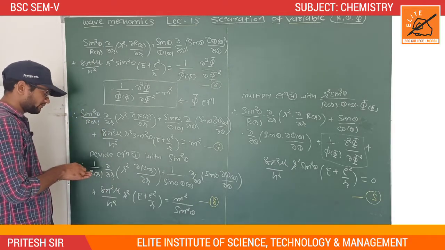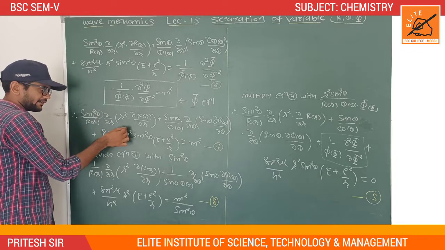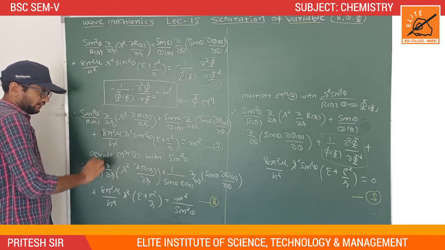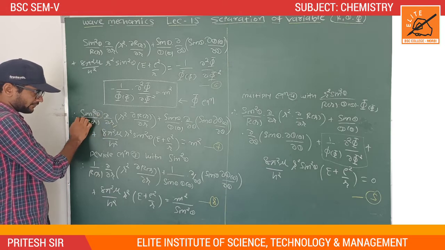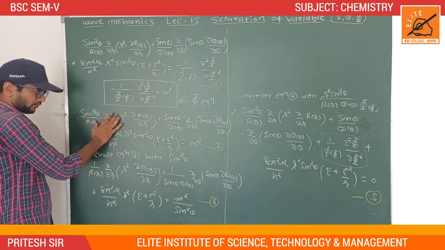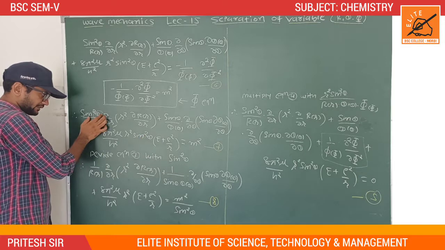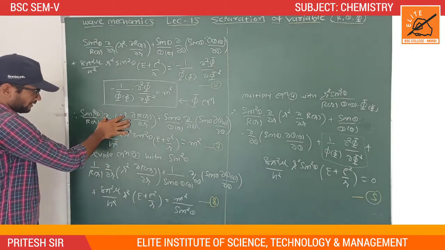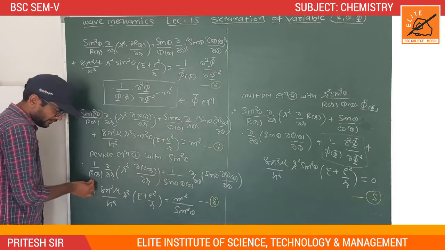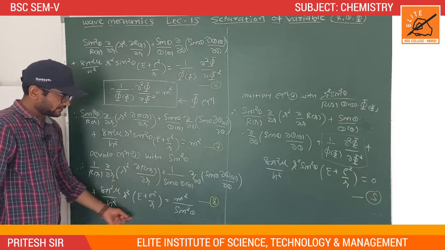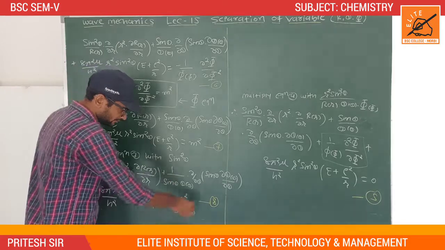First one is θ and second one is r. If I want to separate out r and θ, then I want to divide the whole equation by sin²θ. Okay, so the first term contains only one variable, that is r. This term contains only one variable, that is r. This term contains only one variable, that is θ.